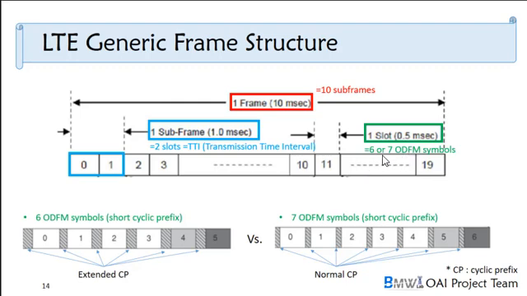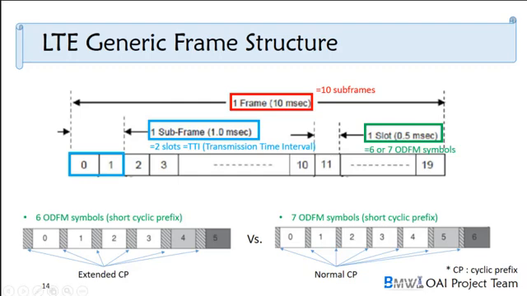What is the difference between 6 symbols and 7 symbols? You can see the picture here. Sorry, I put it wrong. For 6 symbols we have a long cyclic prefix, and for 7 symbols we have a short cyclic prefix.